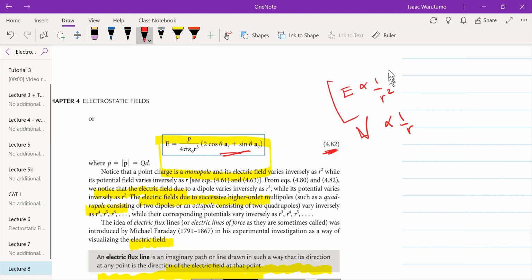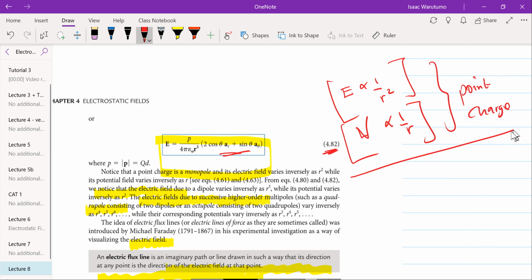This is a point charge, which is a monopole, and therefore we make another very unique observation: E varies as 1 over R cubed for a dipole, and V varies as 1 over R squared for a dipole.